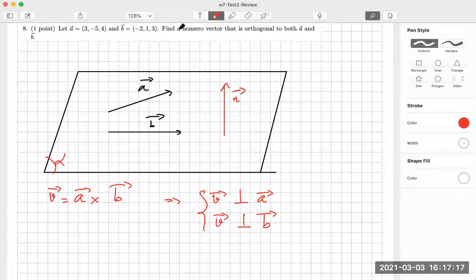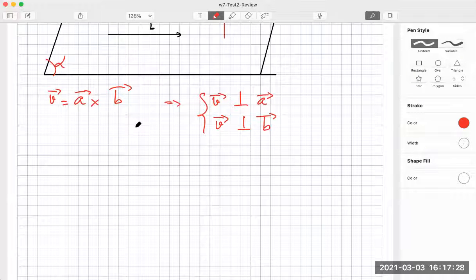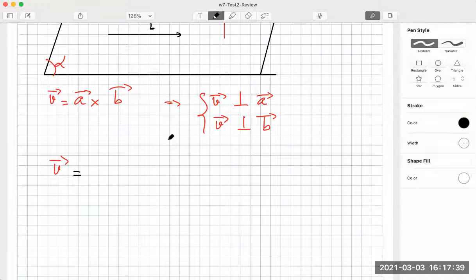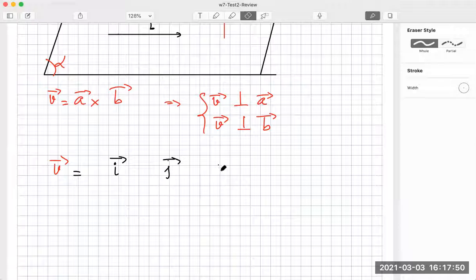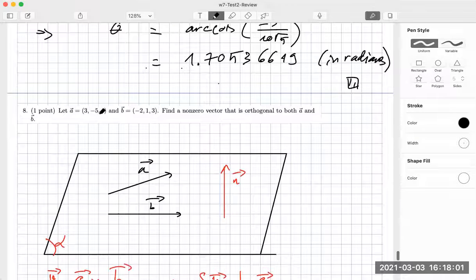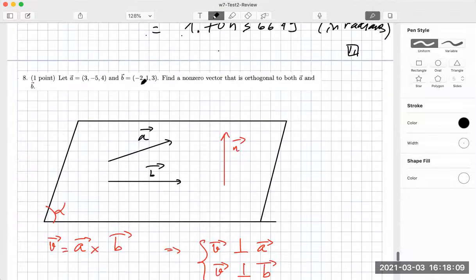It means that we need to find the non-zero vector perpendicular to vector A and vector B, which means we need to find the cross product of vector A and vector B. We can write it as the determinant of vector i, vector j, and vector k, of the vector A, where A is 3, -5, 4, and vector B is -2, 1, 3.